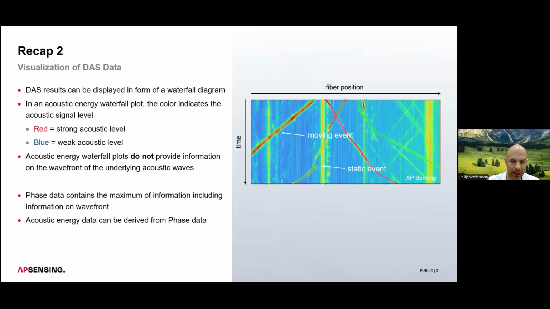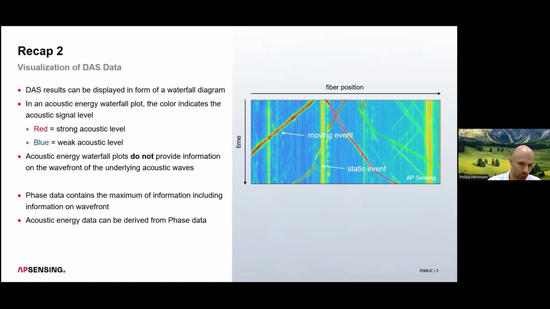Acoustic energy diagram means that basically this chart shows fiber positions that experience high acoustic level, which are shown here in red color. And then you also see fiber positions that have almost no acoustic energy going on. So this is a typical way of presenting DAS data.